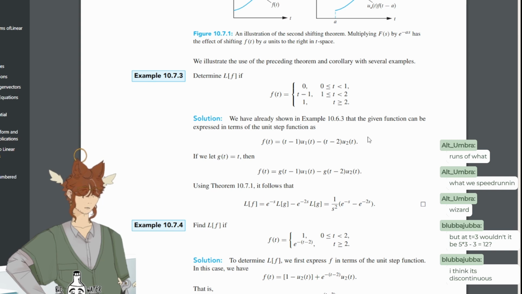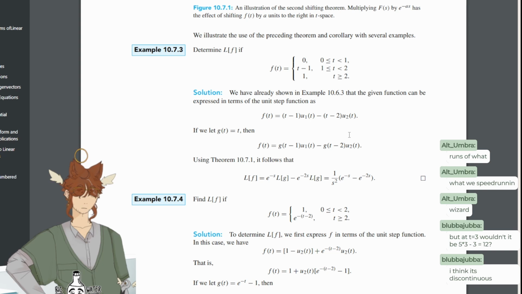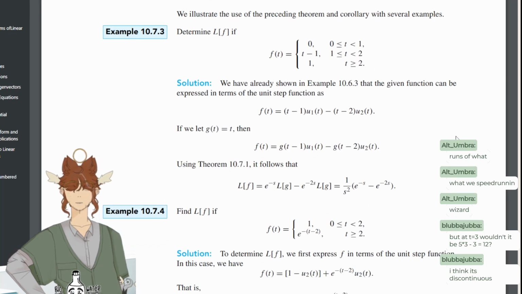What? That's a what? Okay, I think they factored this. It's a little more complicated than that, but it's fine. If we let g of t equals t... What? Wait, what the heck? What the heck are they doing here?